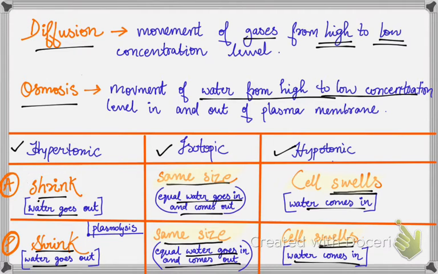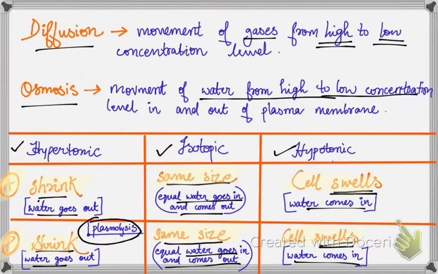These processes are the same in animal cells and plant cells, but there is a specific term when the plant cell is kept in a hypertonic solution and the plant cell shrinks away from the cell wall, that means the protoplasm of the cell shrinks. In that case it is called plasmolysis.